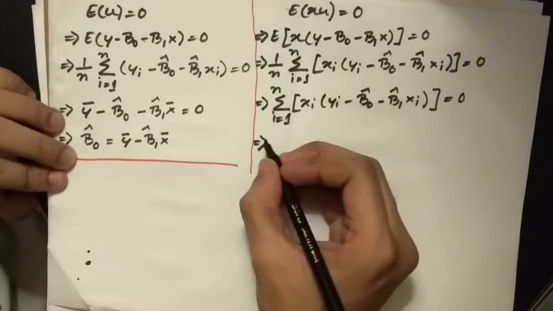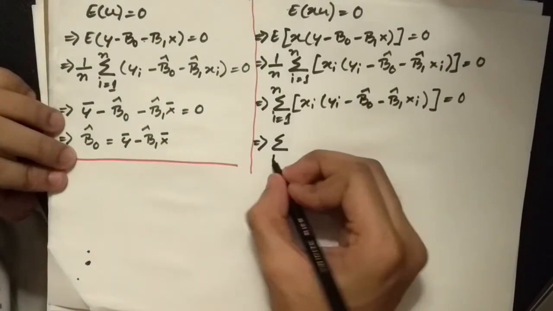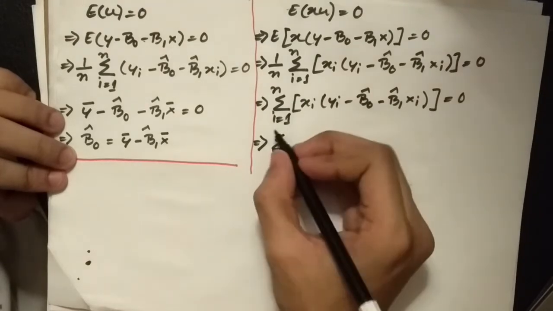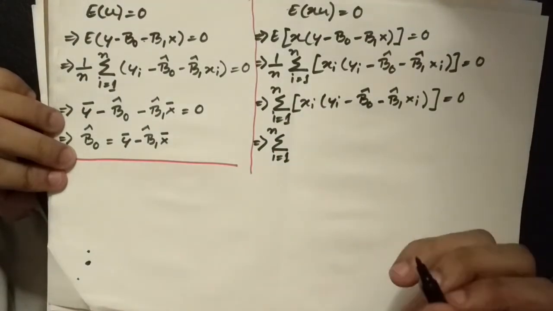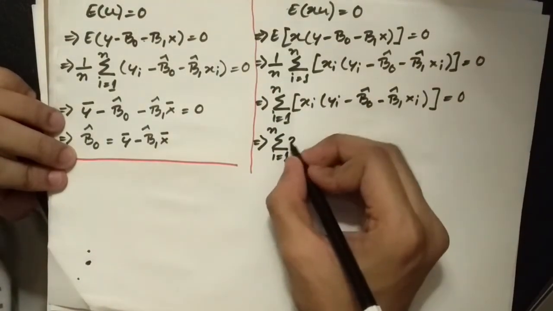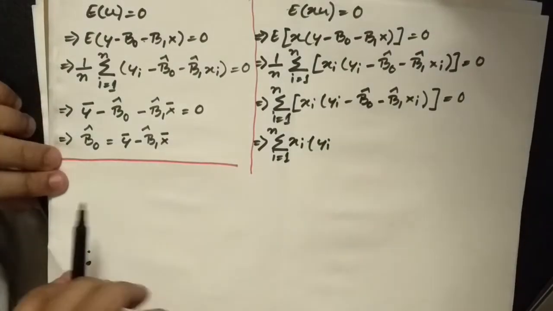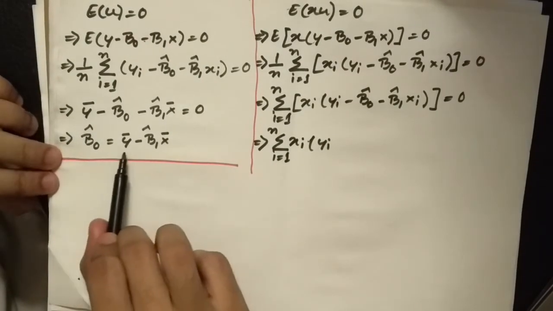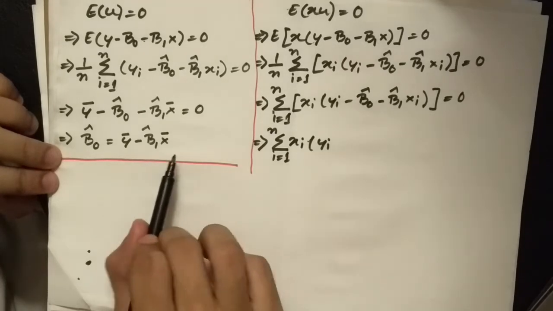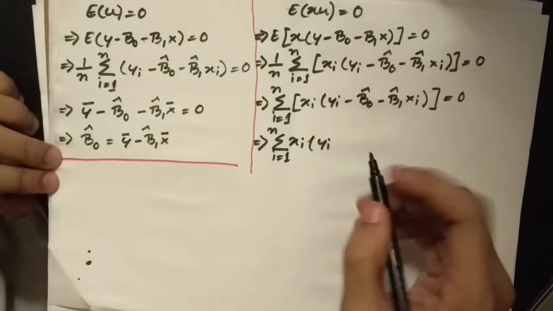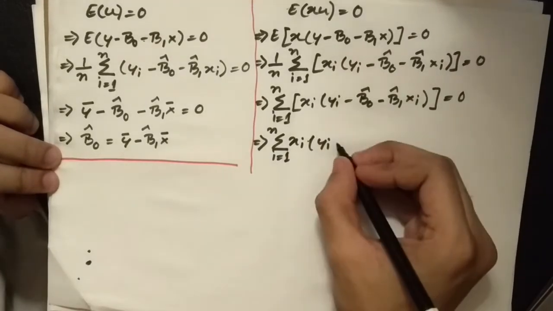Now I can write it as the summation from i equals 1 to n of xi yi. I've got beta naught hat equals y bar minus beta 1 hat x bar, so I'm just going to plug in the value of beta naught here.